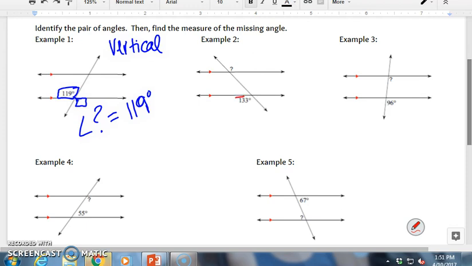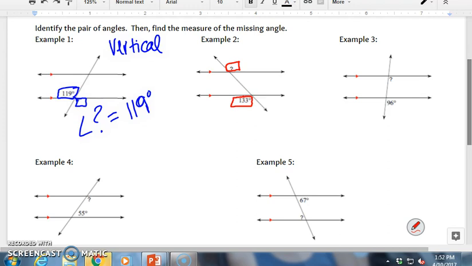For example 2, 133 with this question mark out here. Since they are outside of the parallel lines, we can automatically cross off the 2 interior names. So it means it's either corresponding or alternate exterior.